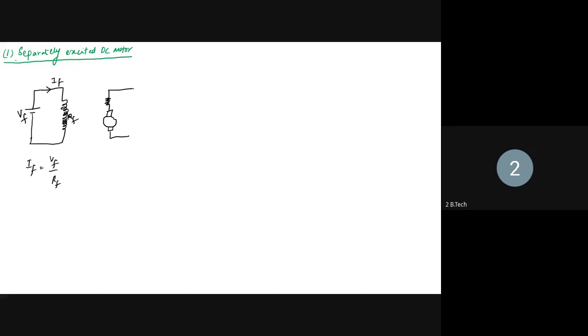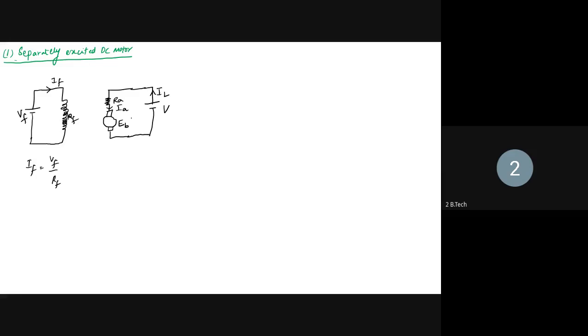And this is the motor. For motor, we will connect a DC supply here, not the load, whereas in case of generator, we connect the load here. Now we are connecting the battery. So V is the supply voltage, I is the line current, IA is the armature current, RA is the armature resistance, and the motor induces a back EMF.